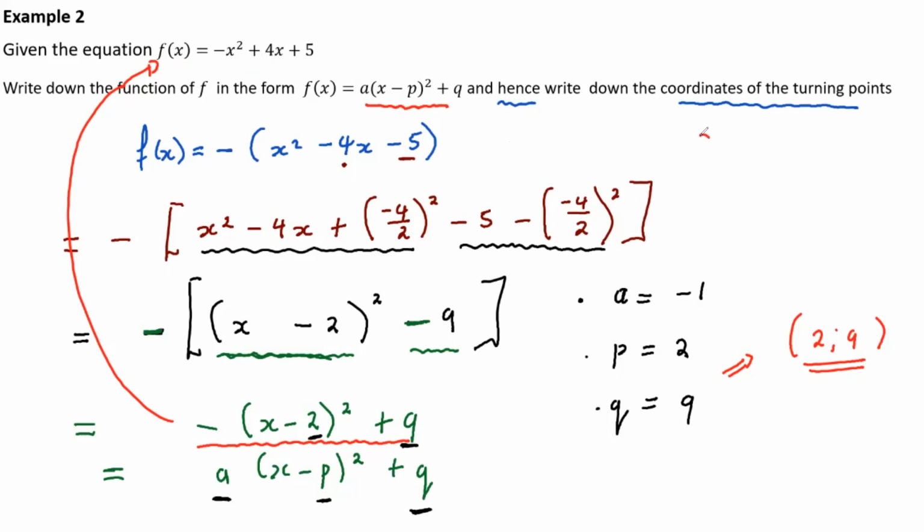You can use the x coordinate of the turning point as -b/2a, get your answer, put it back into the original equation. Then from there you can get the y coordinate of the turning point. Remember that I'm specifically zeroing in on completing the square. I want to teach you how to complete the square of a quadratic, but that's a very good method that you put along.